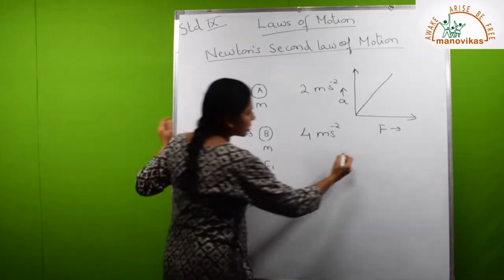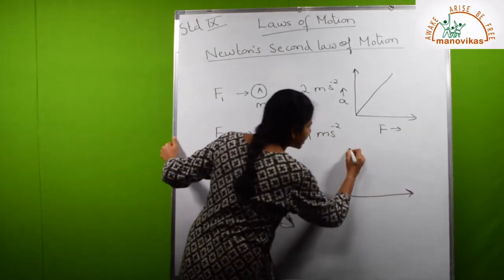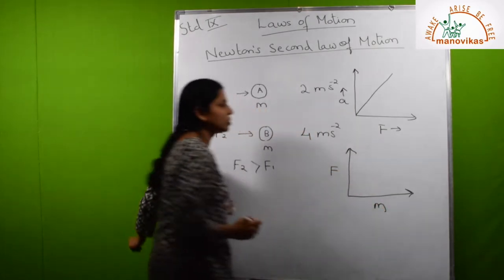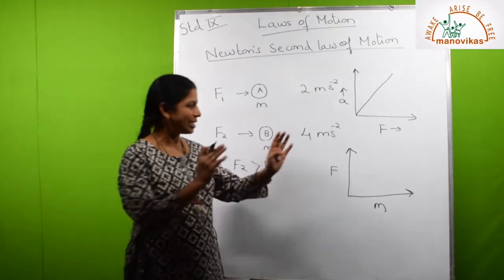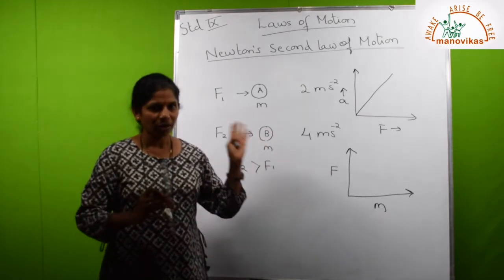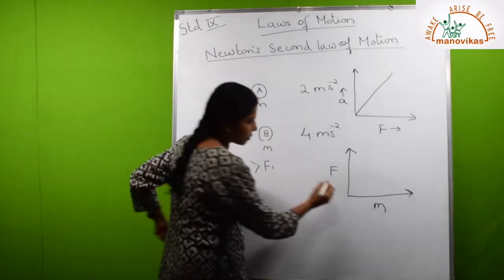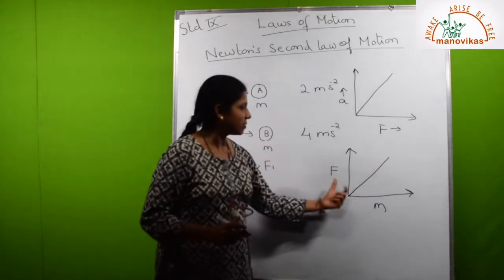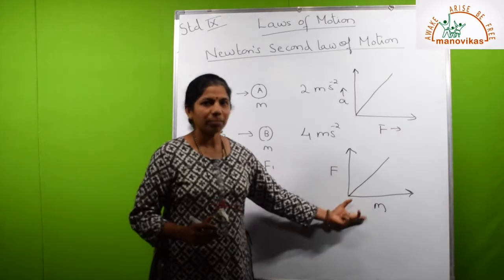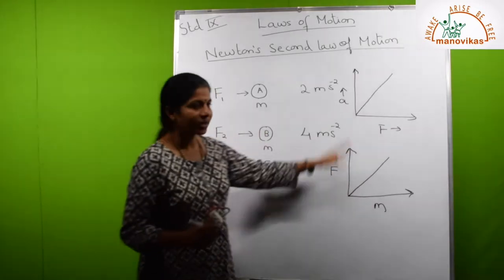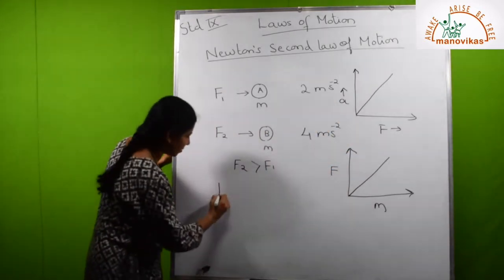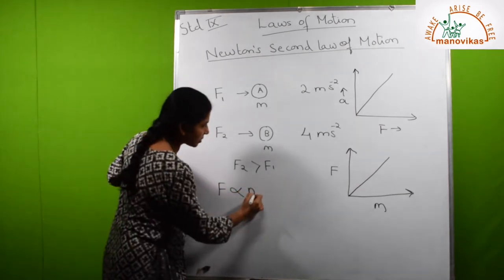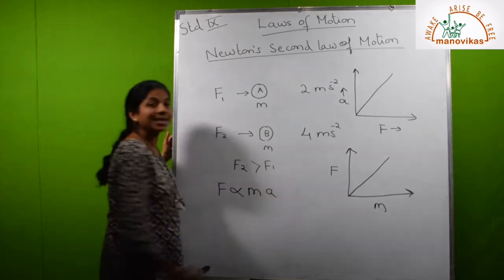So if I plot a graph, I'm going to get a graph wherein you have mass and force. It is observed that for lesser mass you need less force to set it into motion for the same time, right? So again you are going to get a straight line passing through the origin. So that means again force is directly proportional to the mass. So combining both these, you get that force is proportional to the product of mass and acceleration.